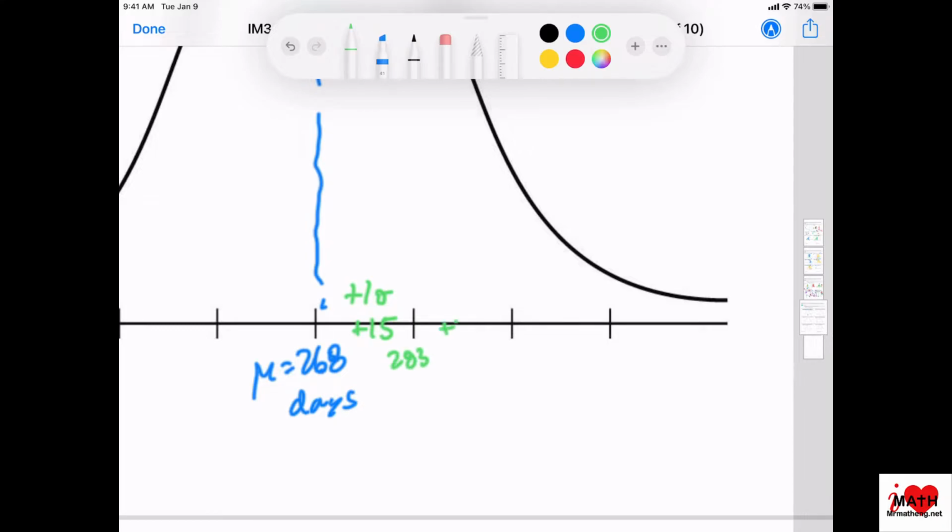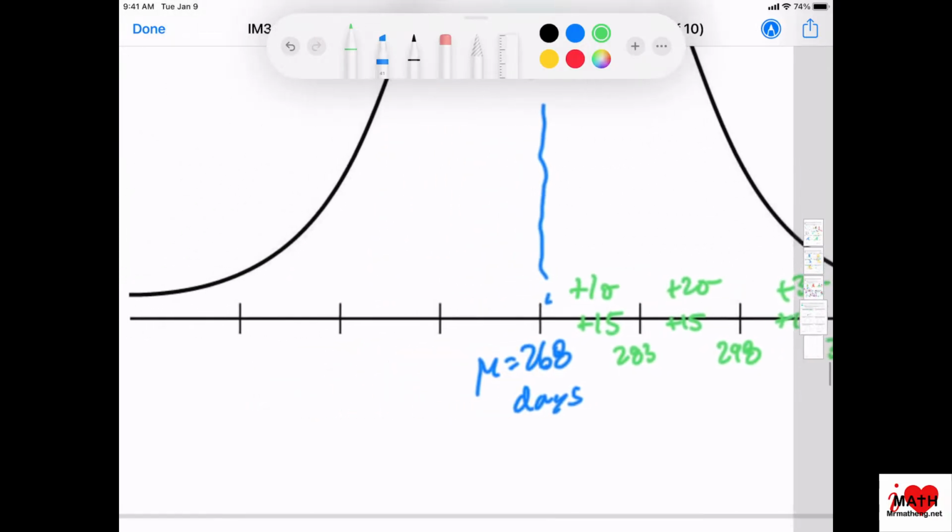If I add another 15 days, or 2 standard deviations, that'll give me 298. Or 3 standard deviations would give me 313. Remember, those were positive. Negative standard deviation just means going towards the left.